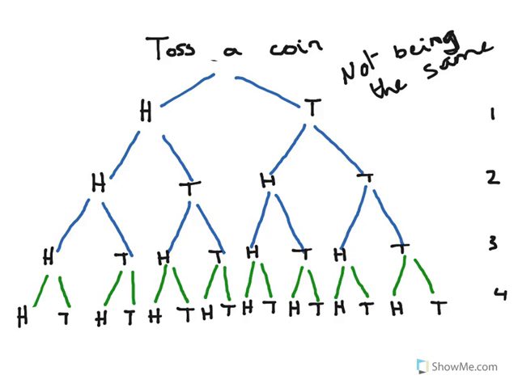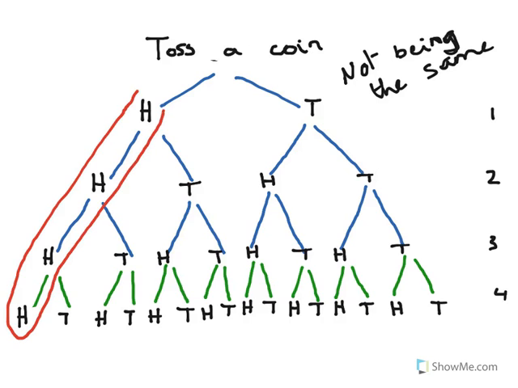Because now it's really easy for us to see, okay, on which of our lines is it exactly the same number of the same side? Well, only here on this side is every single coin a head. We have a head and a head and a head and a head.